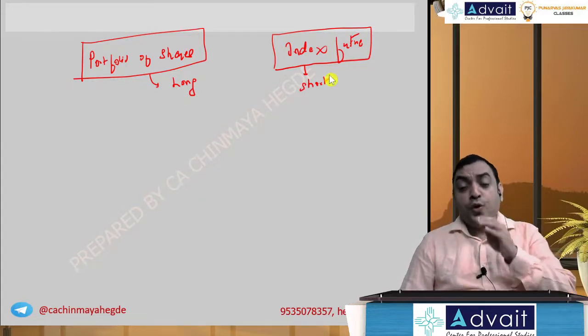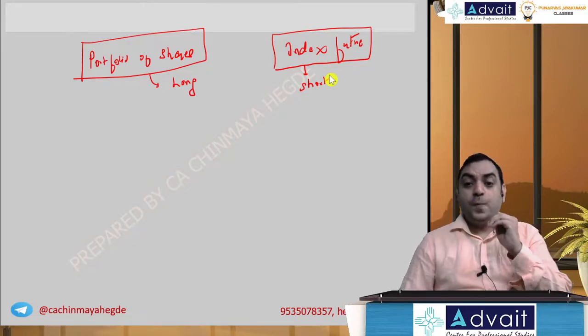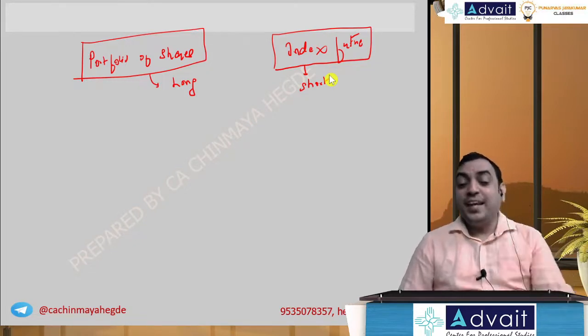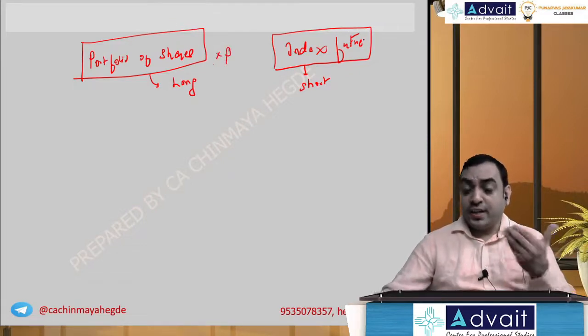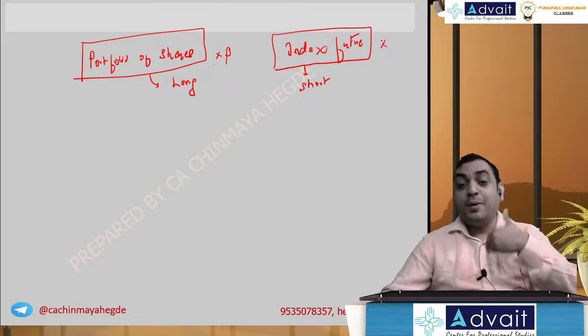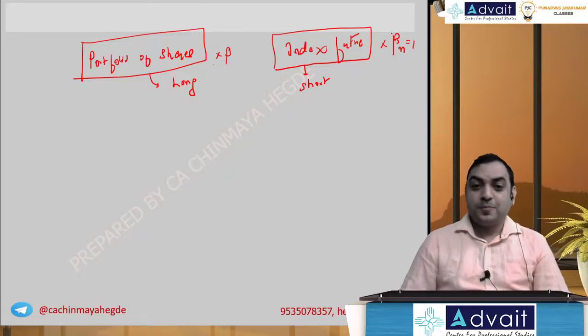Movement of the portfolio compared with the market is measured through beta. So for the portfolio of shares, I will multiply it by beta. For index future, I'll multiply it by market beta. And what is market beta? Market beta equals 1, right?